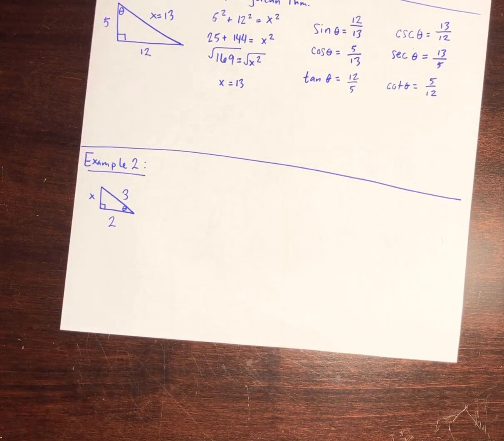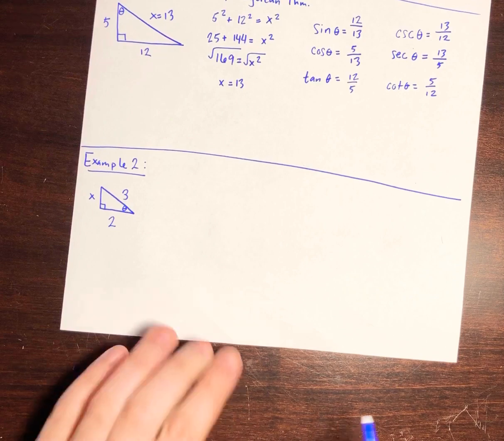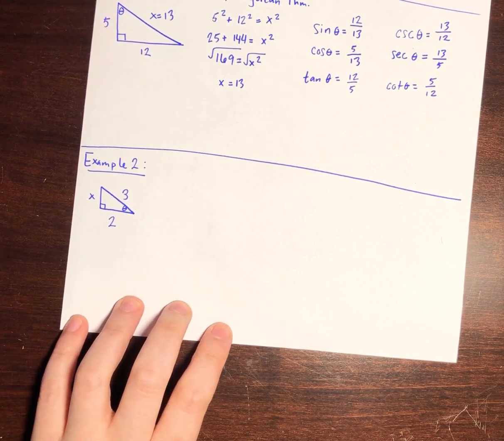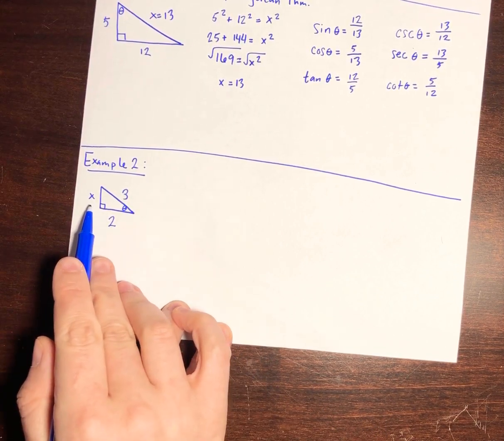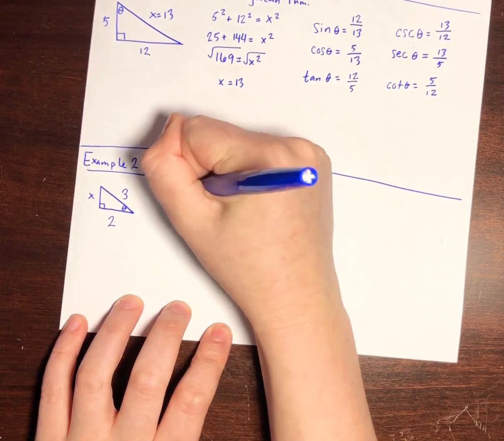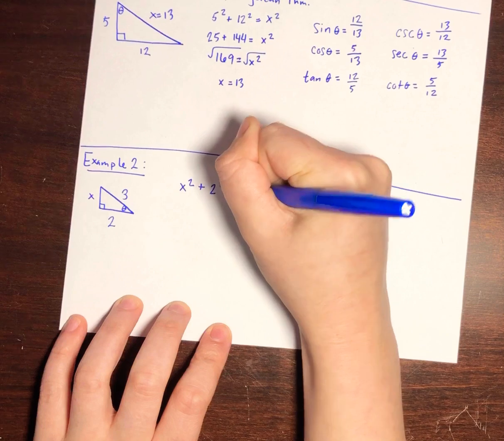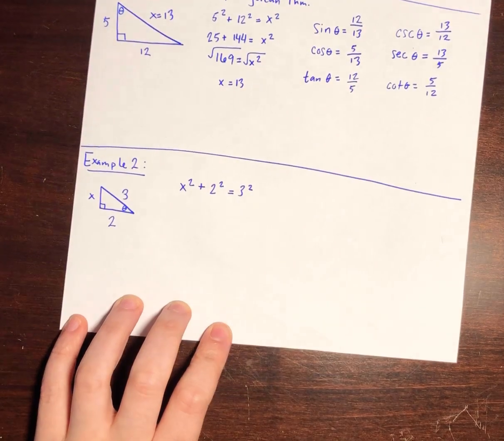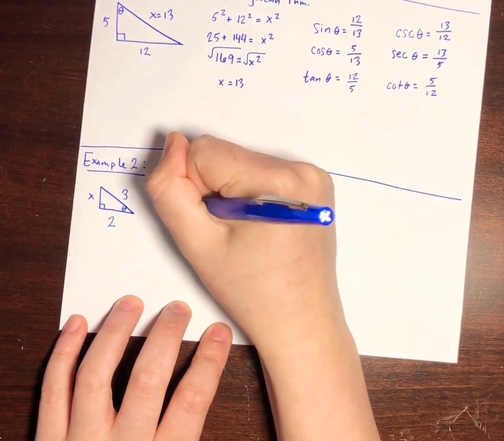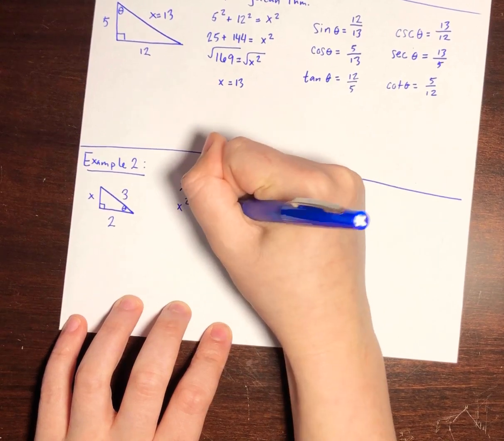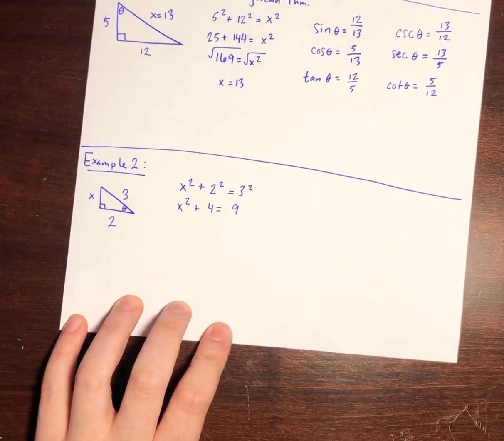So this one, we don't have both our legs. We have one leg and a hypotenuse, but we're still going to use the Pythagorean theorem to find that second leg. So I've got x squared plus 2 squared equals 3 squared. So we've got x squared plus 4 equals 9.